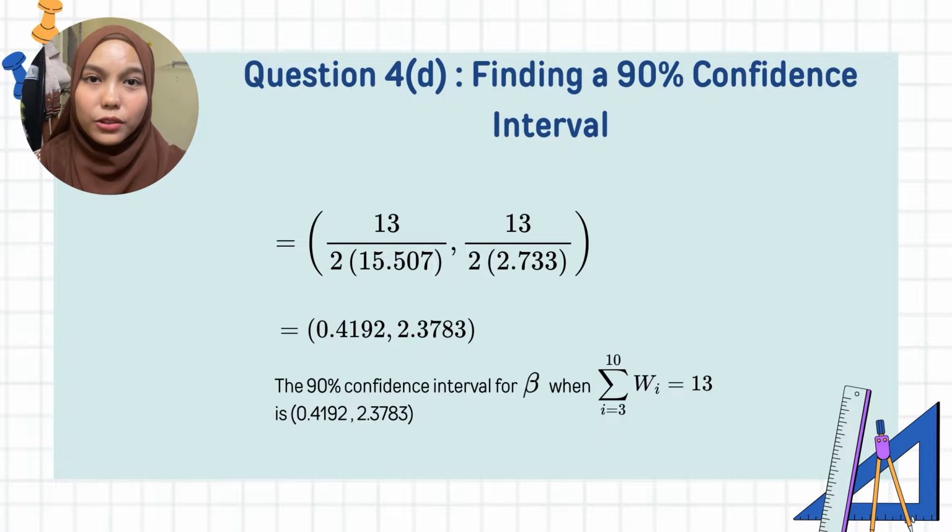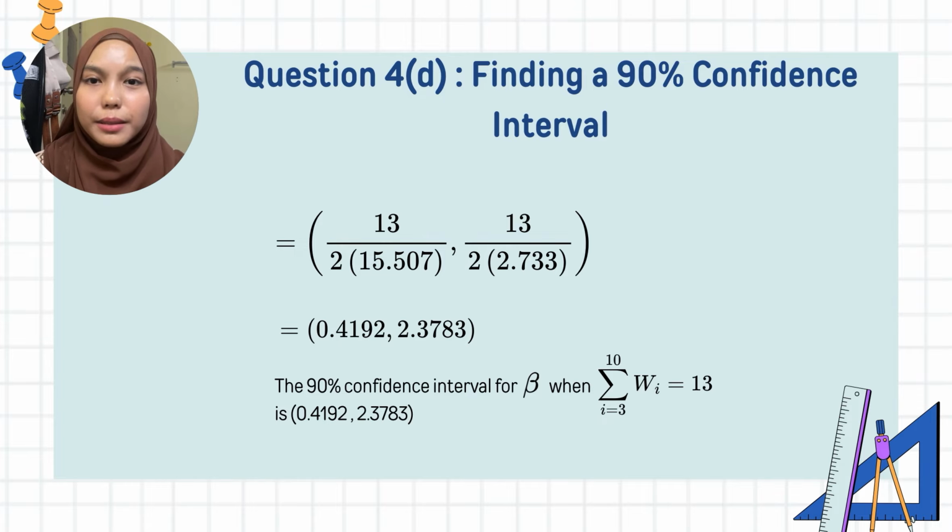After we substitute all the values into the formula, we calculate the lower limit as 13 divided by 2 times 15.507 equal to 0.4192. And for the upper limit, 13 divided by 2 times 2.733 equal to 2.3783.